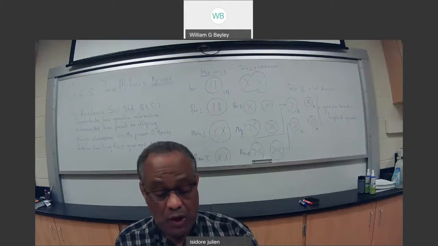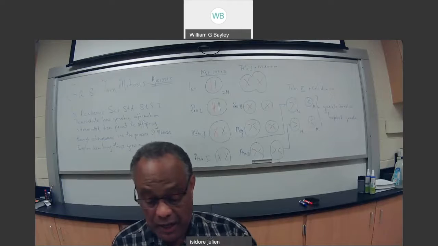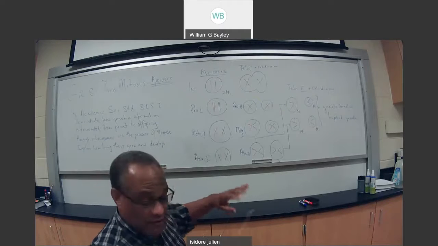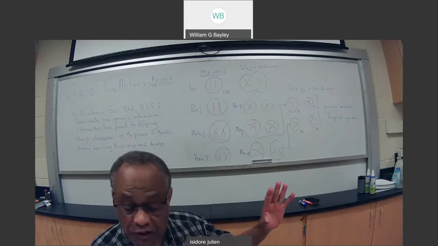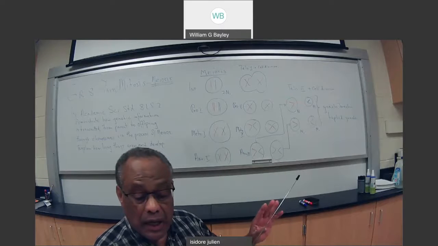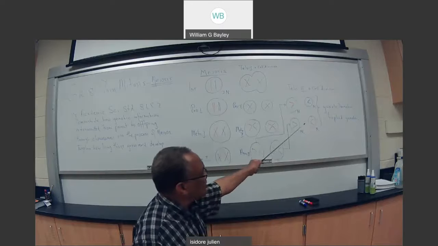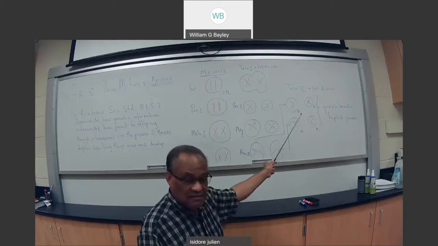Let me just make one quick comment before I get some more comments here. I just want to clarify one thing. I know most of you know this, but when the gametes are formed, notice I didn't say these are cells.